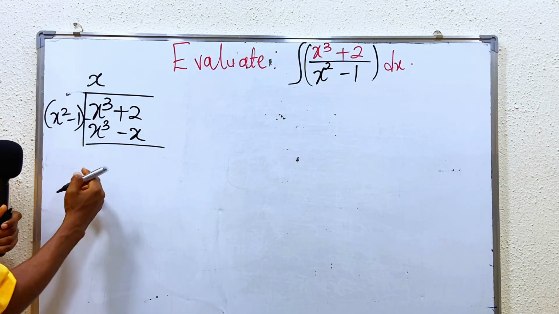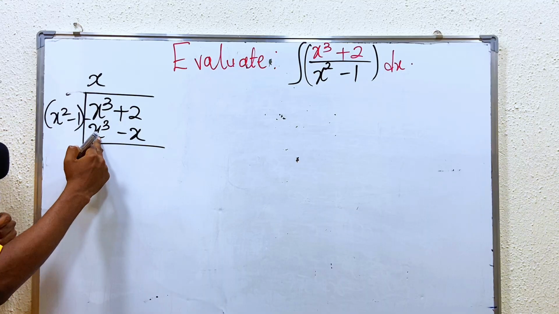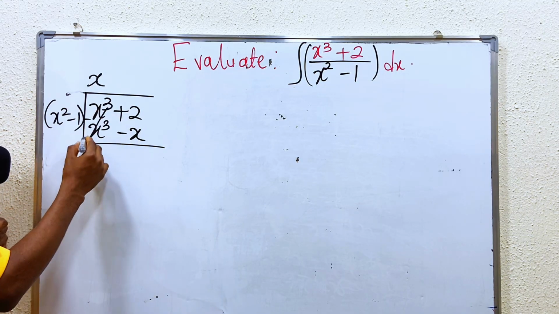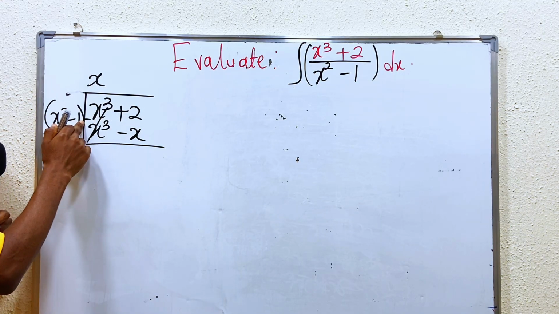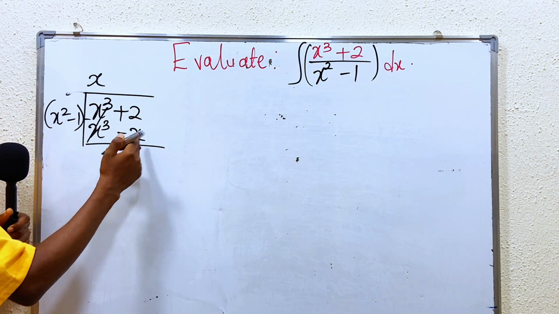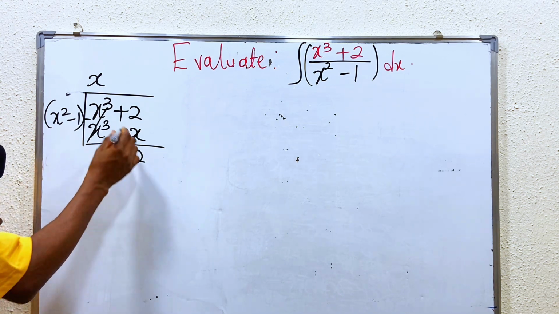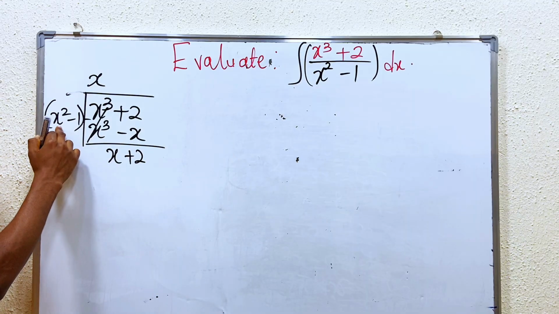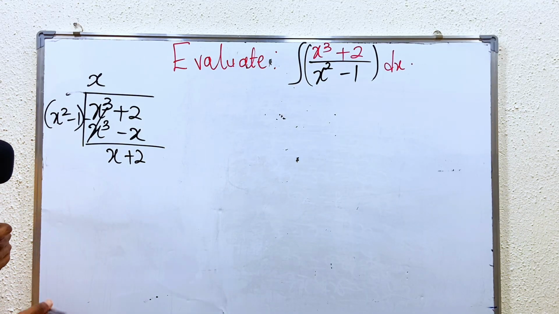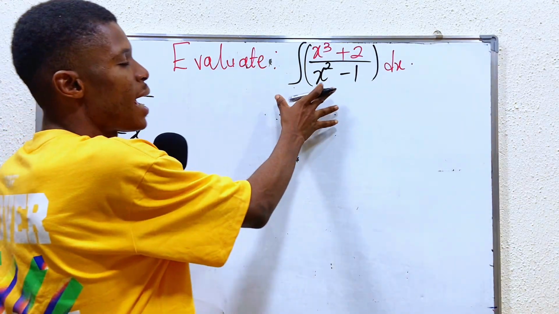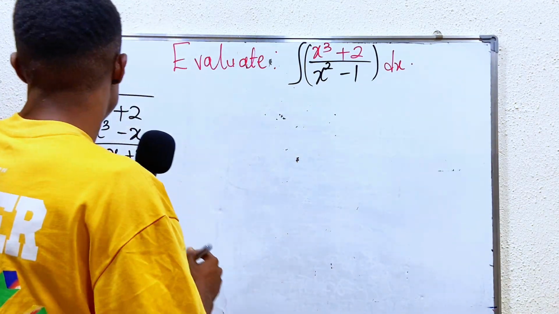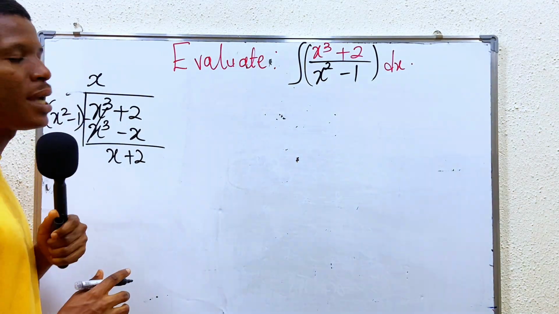If you subtract, x cubed minus x cubed is 0. They are out. Then 2 minus minus x is basically x plus 2. This is actually the remainder, because if we try to divide further, we would get a negative power, which is not what we want.